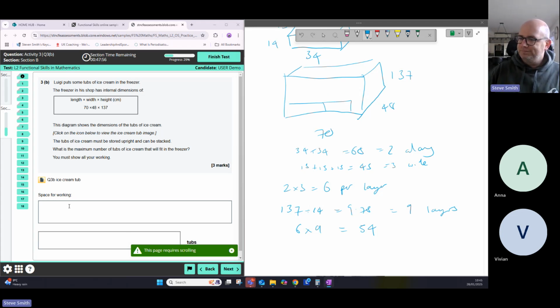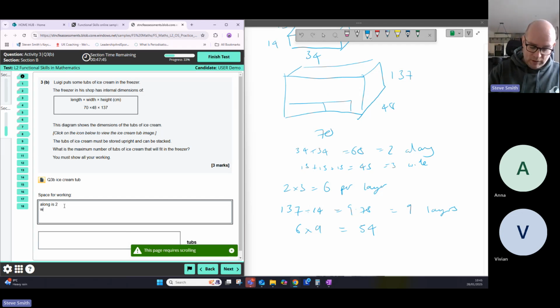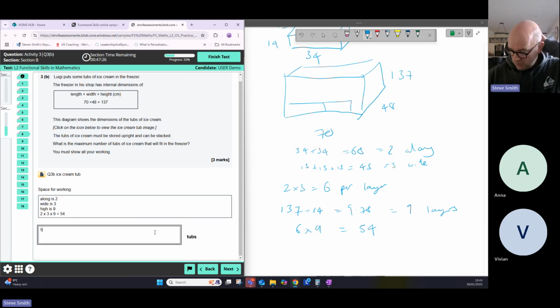For my workings out, along is 2, wide is 3, high is 9. So 2 times 3 times 9 equals 54. 54 tubs of ice cream.